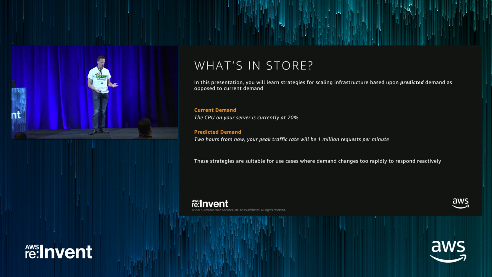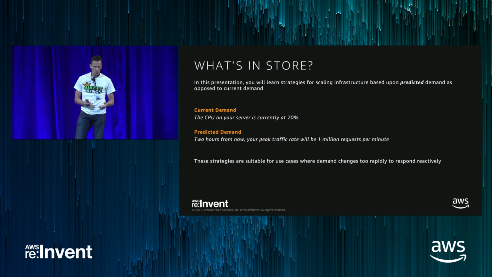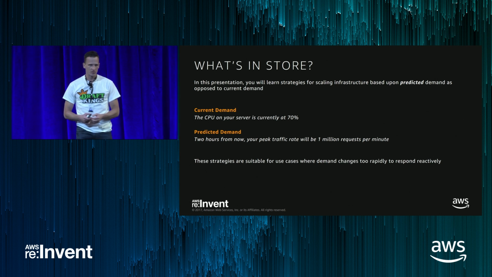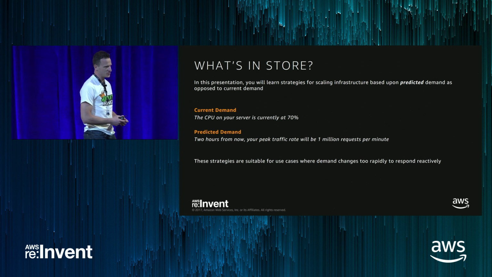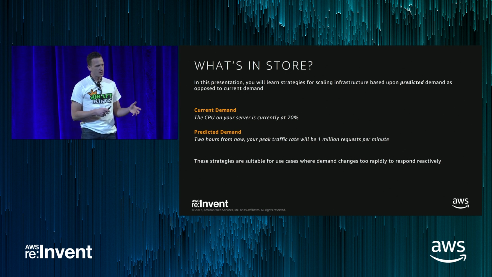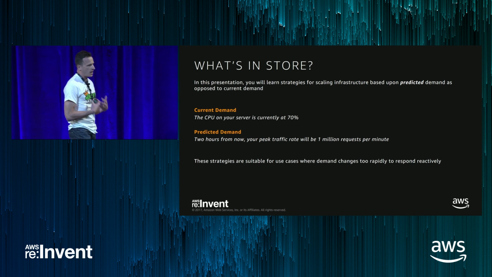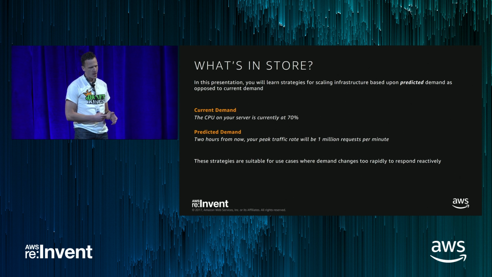So to start off, I just want to give you guys a summary of what you're going to get out of today's session. You've probably heard of auto-scaling groups and elastic infrastructure. It's a big part of what makes AWS so famous and so valuable. And we're going to tell you about how we've adopted some of those capabilities to handle our unique traffic pattern.